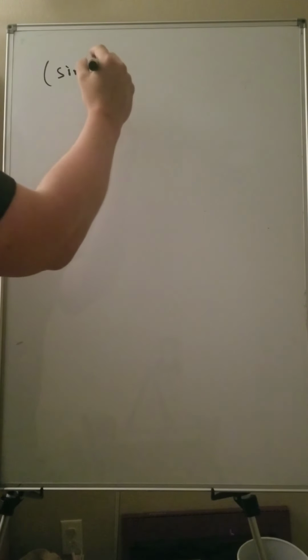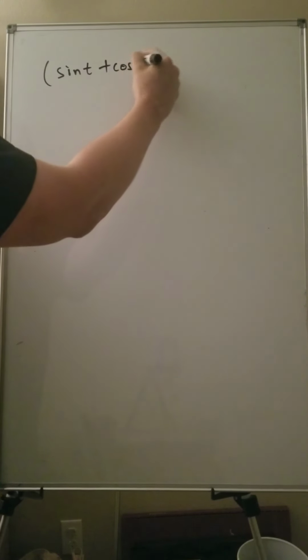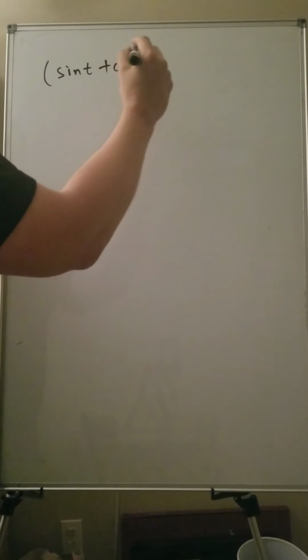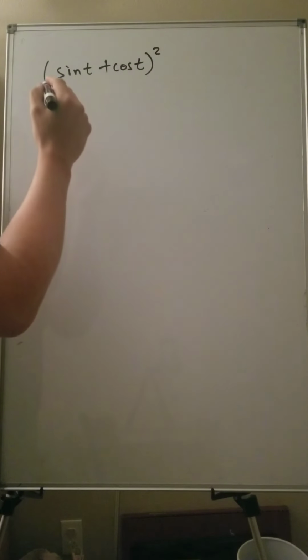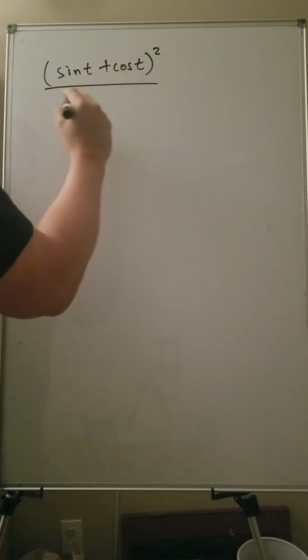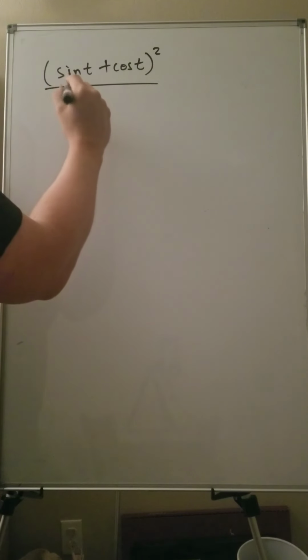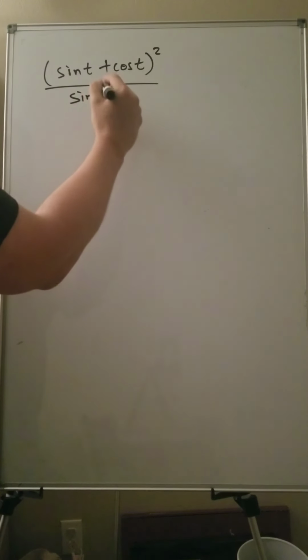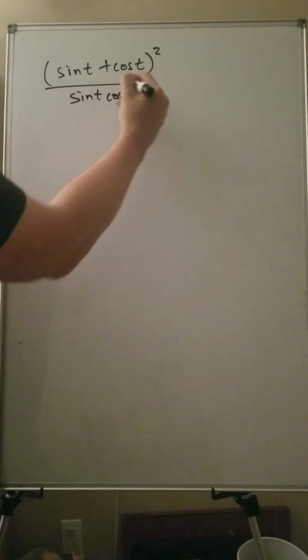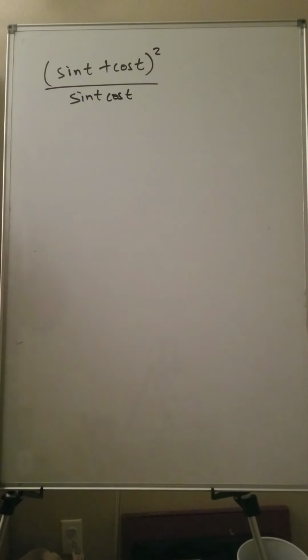This time I have sine of t plus cosine of t, sine of t, cosine of t. So I have sine of t plus cosine of t squared over sine of t cosine of t.